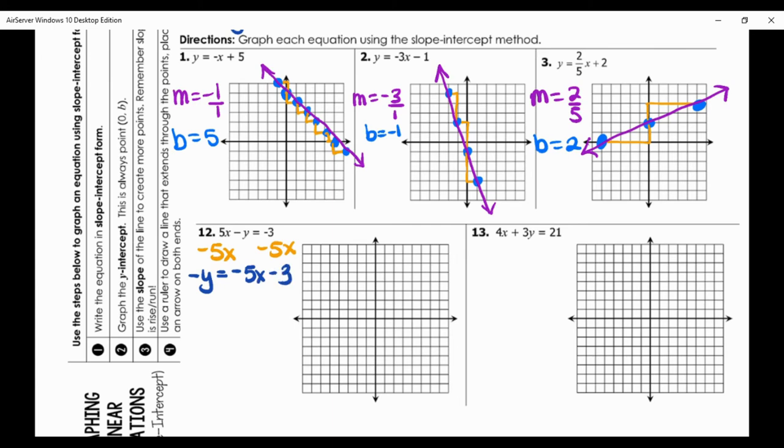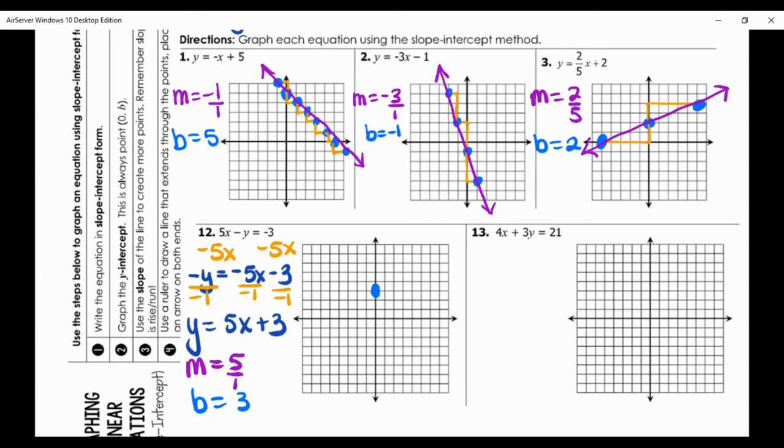It's negative y, so I'm going to divide all three terms by negative 1. So our slope is 5 over 1, and the y-intercept is 3.